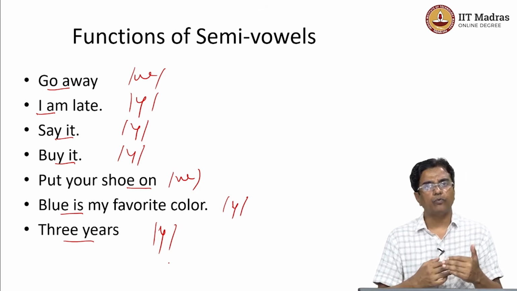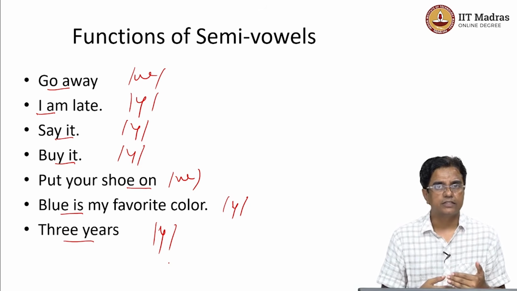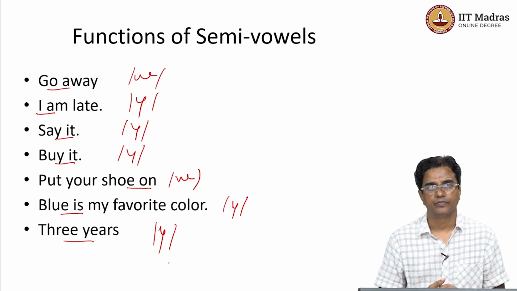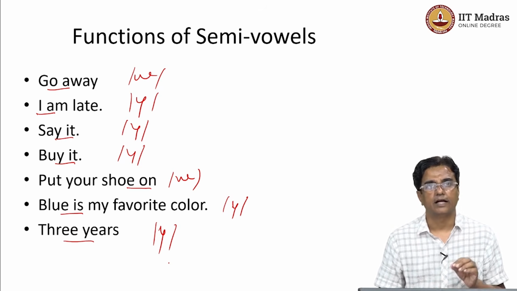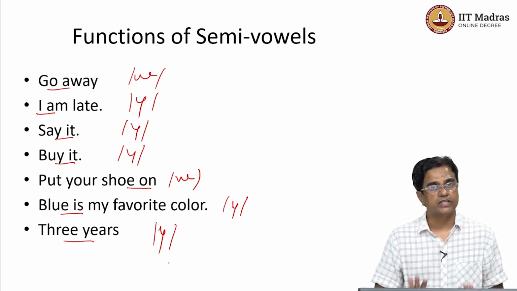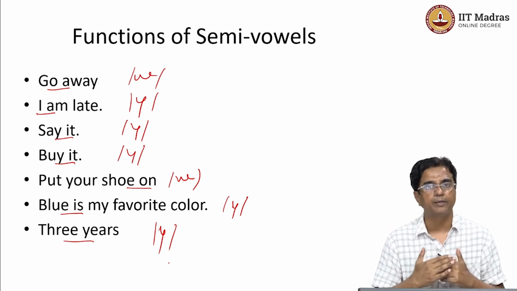Now, if you go into further details, you will see the distribution of ya and wa is also not random. When you have a rounded vowel, you have a wa sound, and otherwise you have a ya sound. So the distribution of ya and wa is also fully patterned.